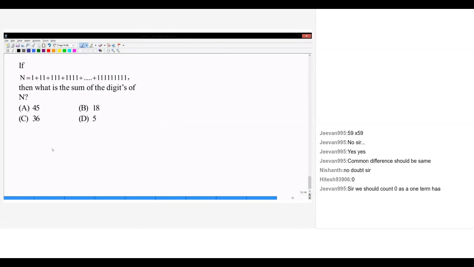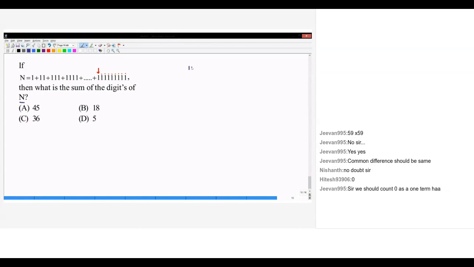If n is equal to 1 plus 11 plus 111 plus so on, up to how many? 1, 2, 3, 4, 5, 6, 7, 8, 9. Right? You want the sum of digits of n. First of all, what is n?